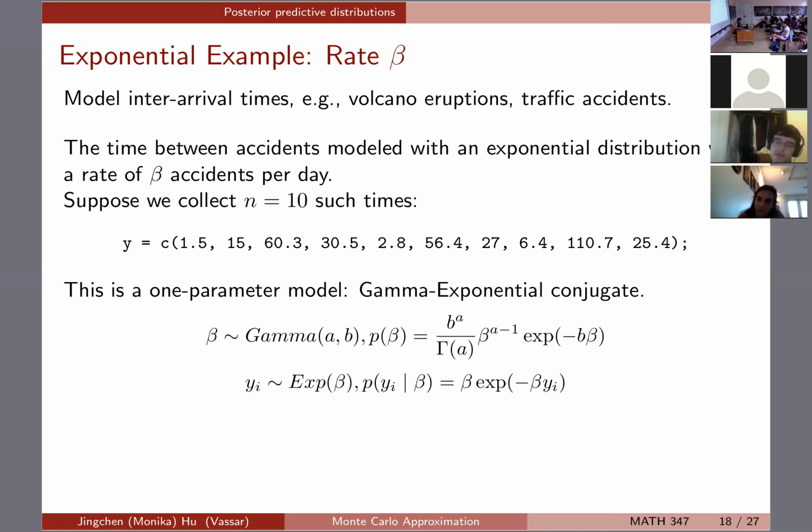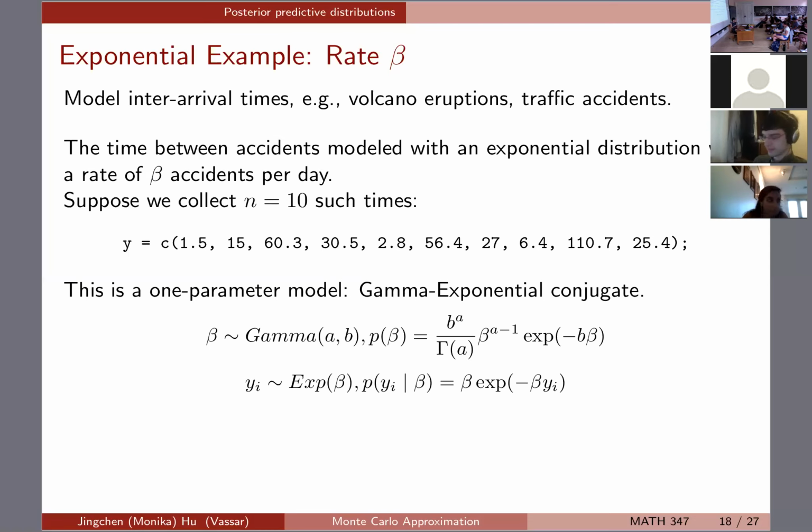All right, so first of all, let's pause and do some practice to verify that this is a conjugate case. This is a one parameter model that people use a lot as well. In particular, it's a gamma prior for an exponential model. Okay, so I put the density of the gamma prior and the density of the exponential distribution over here.